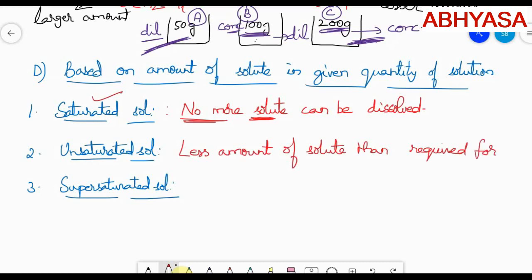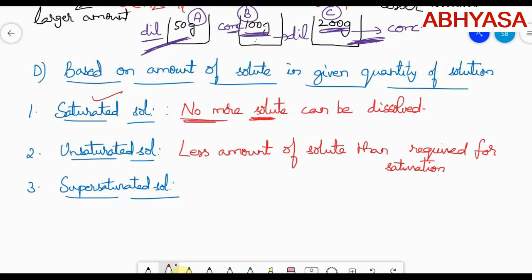If it is less than what is needed for saturation, then we call it an unsaturated solution. Saturation means maximum capacity. So when compared to the maximum capacity, the solution holds less amount of solute. That is why we use the word unsaturated, meaning less than the maximum value.